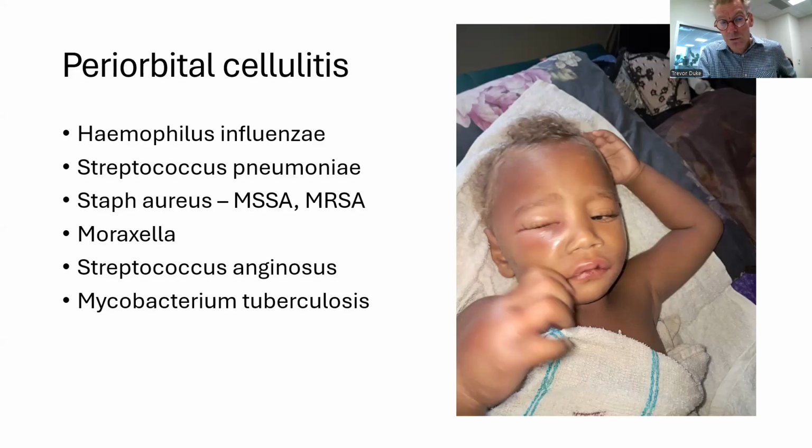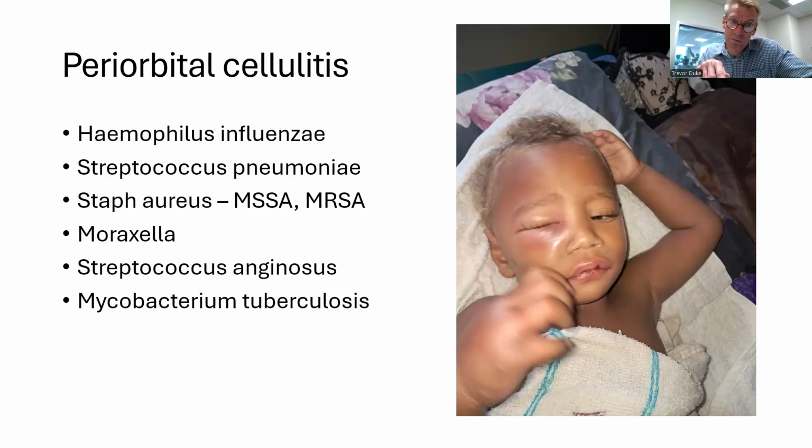And then there's another bug called Streptococcus anginosus, which is an oral streptococcus. It's commonly colonized in the throat in people in countries everywhere, and that can sometimes cause periorbital cellulitis. And then very rarely, Mycobacterium tuberculosis can cause periorbital cellulitis. I emphasize that it is quite rare.